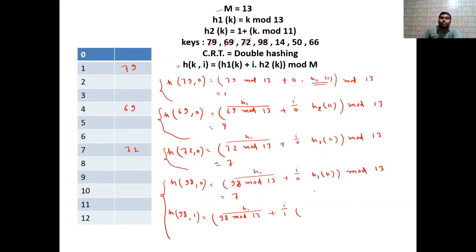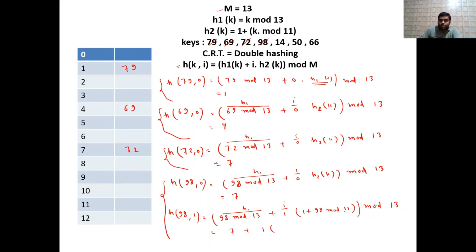So h2 is what? According to the question, h2 is 1 plus k. K is what? K is 98 mod 11. Okay, and overall mod is what? Mod with 13. So observe carefully. So this will return you what? Again 7 plus 1 into this.